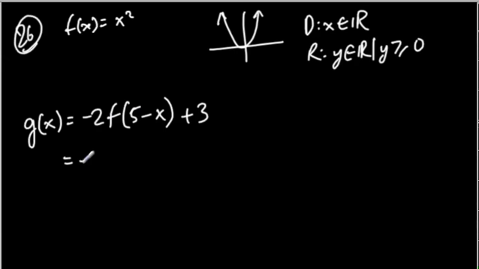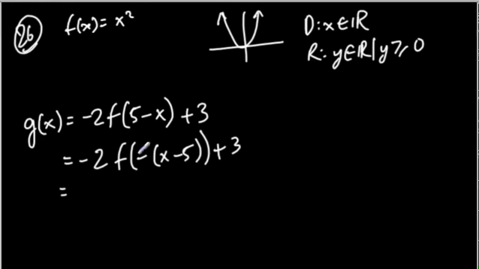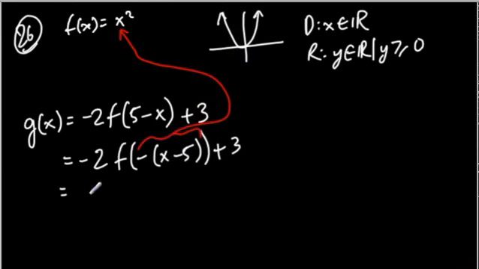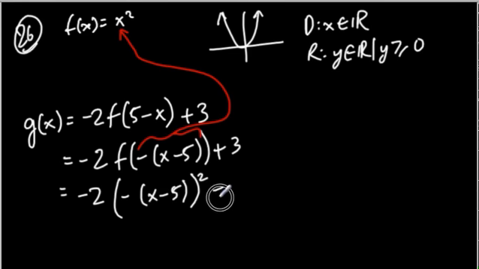This one, we always factor the argument. So it's going to be negative 2 f of negative x minus 5 plus 3. We're literally just taking the argument and plugging it right in there. So it's negative 2 times negative x minus 5 squared plus 3.